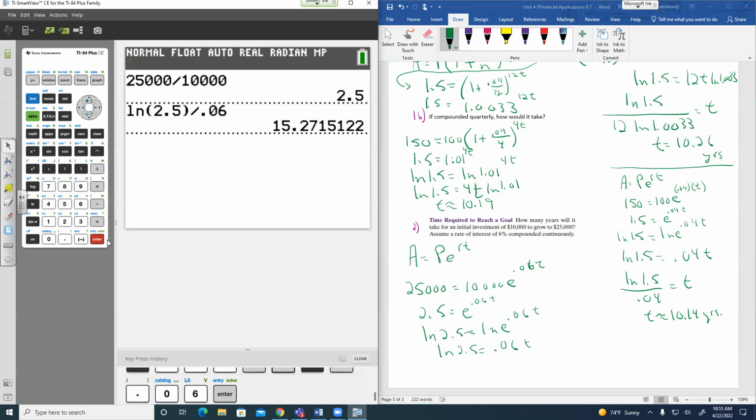I'm not sure where my lab's rounding to, so it's approximately 15.27 years would be the time for that $10,000 investment to turn into $25,000. So that's why they say time is money, when we do stuff like this. So that completes our lesson on 6.7 financial applications.